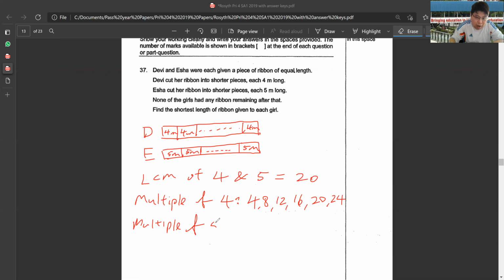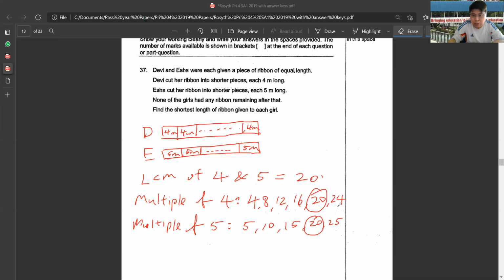How about the multiples of 5? The multiples of 5 are 5, 10, 15, 20, 25, 30, 35, 40. Then of these two, which one is the common multiple? 20.